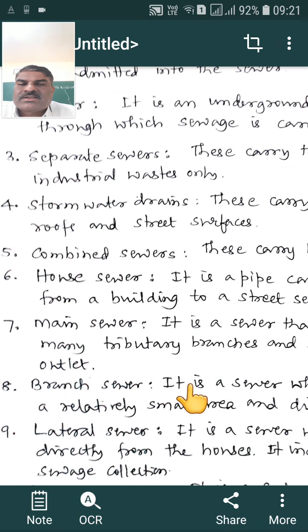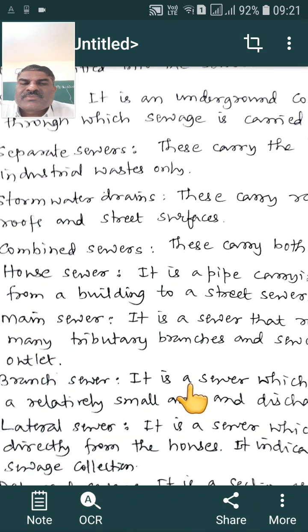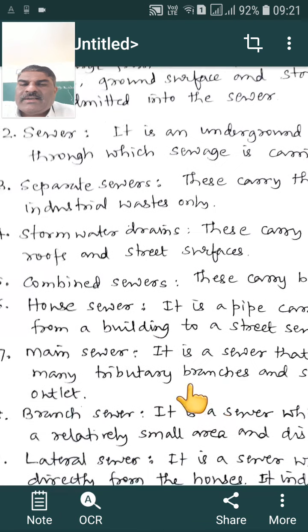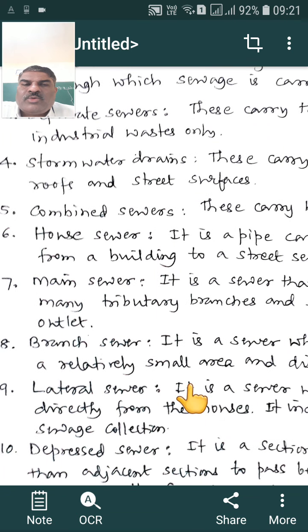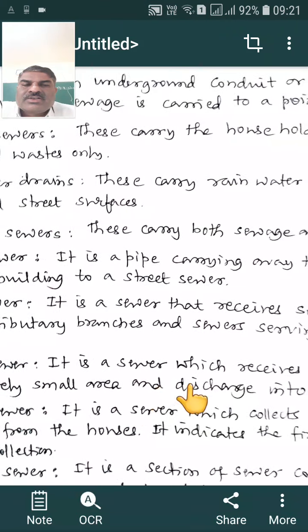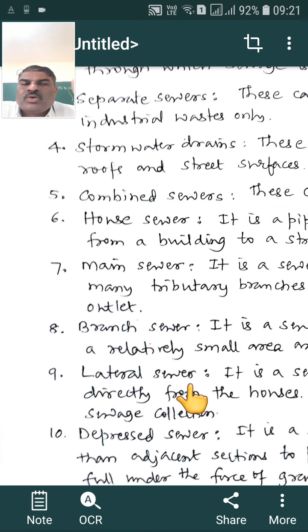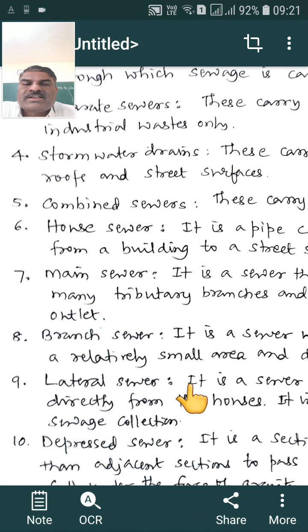Different types of sewers. Under that, separate sewers. These sewers carry household and industrial wastes only. So these are called separate sewers. Then stormwater drains. These carry rainwater from the roofs and street surfaces.